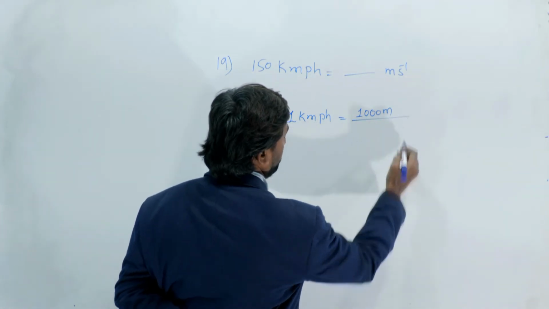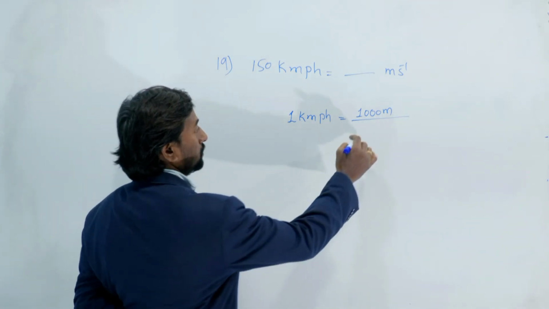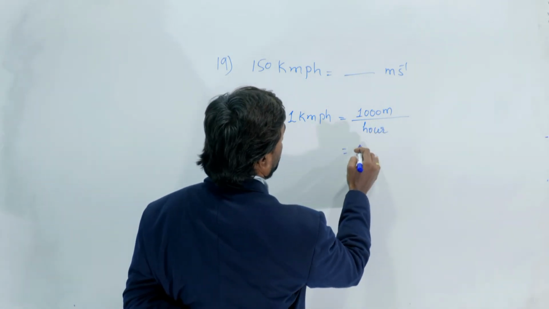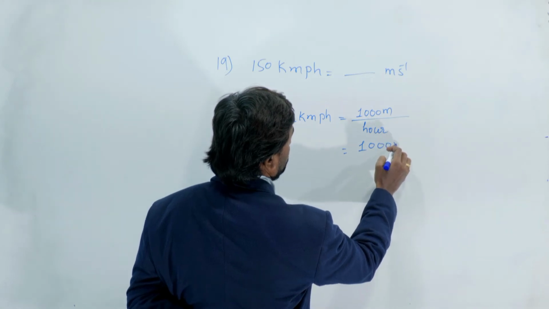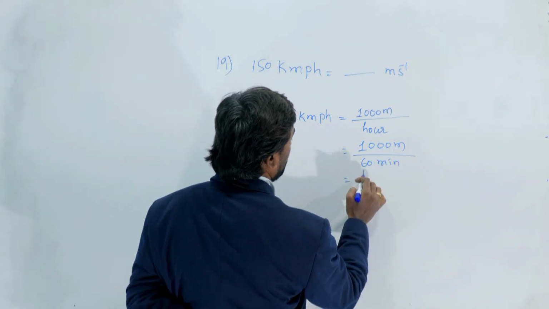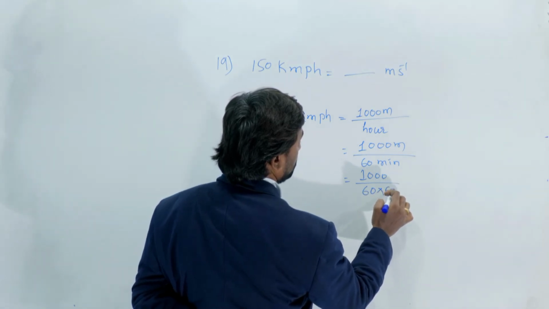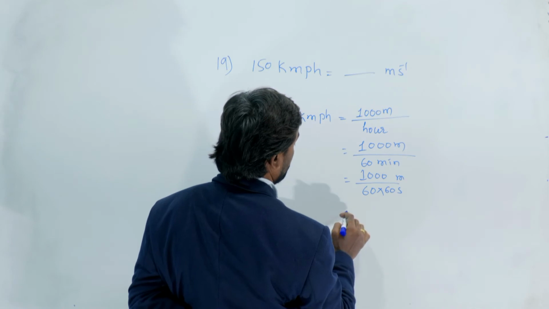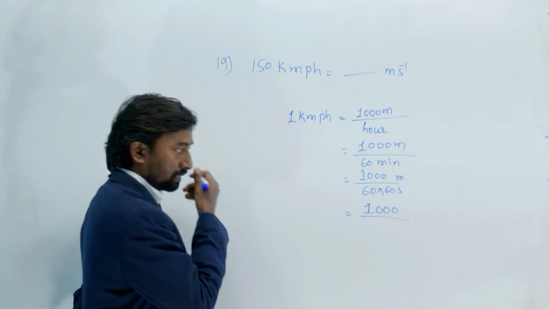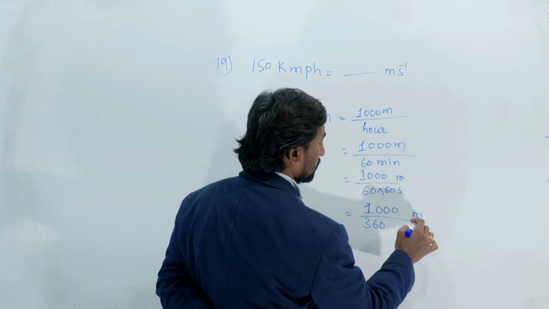Per means divided by. So per hour, we write 1 hour. 1 hour is 60 minutes, and 1 minute is 60 seconds. So 1000 divided by 60 into 60, that is 3600, meter per second.